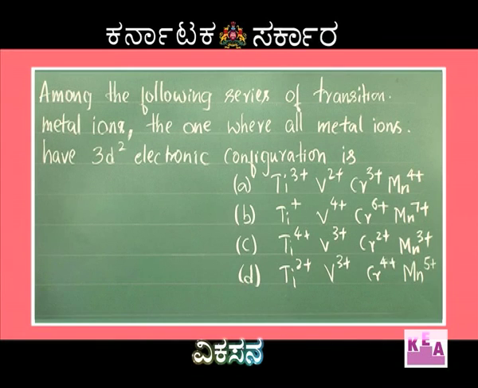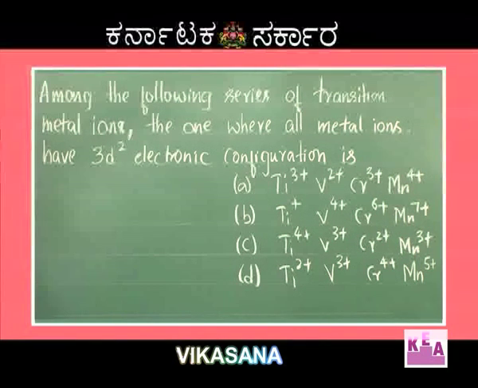Look at the next question. Among the following series of transition metal ions, the one where all metal ions have 3d2 electronic configuration is, there are 4 options here. Titanium plus 3, vanadium 2 plus, chromium 3 plus and manganese 4 plus.